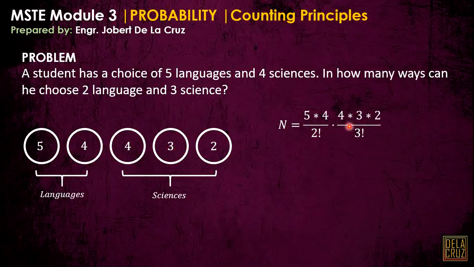The same dito, multiply natin lahat, then i-divide natin by the identical spaces. Or we can just simply say that take note that that one is a combination, 5C2, that one, times 4C3. Out of 5, kuha tayo ng 2. Out of 4, kuha tayo ng 3. Okay? Again, ito yung pinaka-basic. Or we can just simply use na lang this pag na-master nyo na. Okay? That is 40 ways.